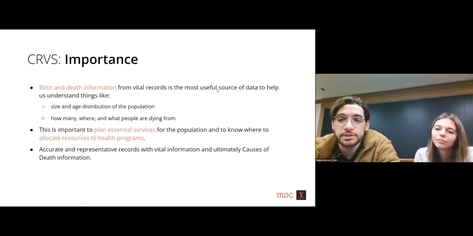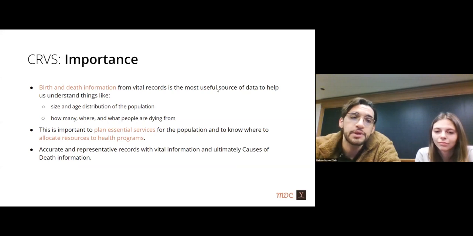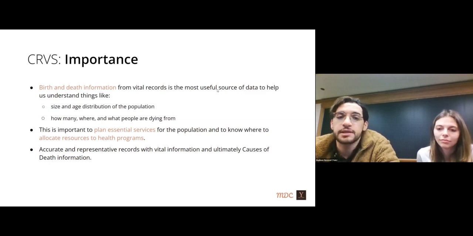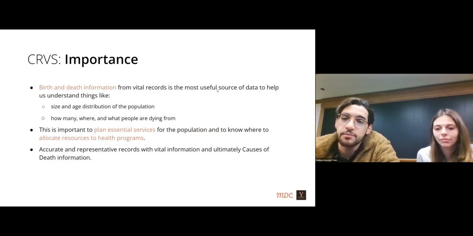Great. So the importance, and I know we've been belaboring this point, is that it's very useful for gathering information regarding births and deaths. That helps give the government an idea of the size and age distribution of the population. You can think of this similarly to the census we have here in the US every 10 years.